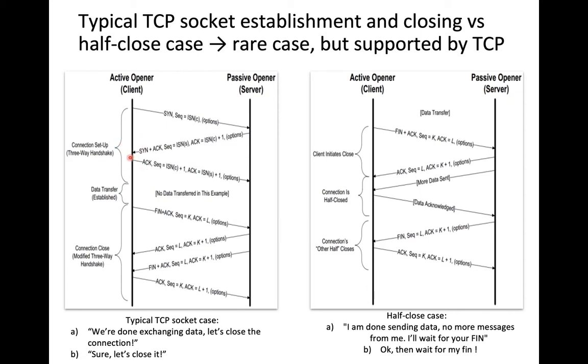Once the client receives the acknowledgement from the server, it sends an acknowledgement again: "Okay, let's start." This three-way handshake is very important for establishing a connection between the client and the server.